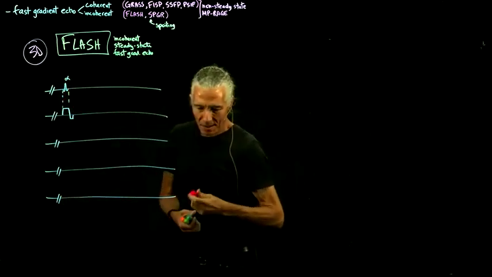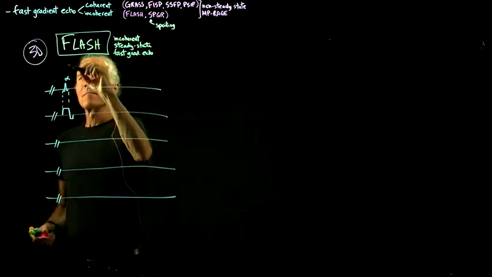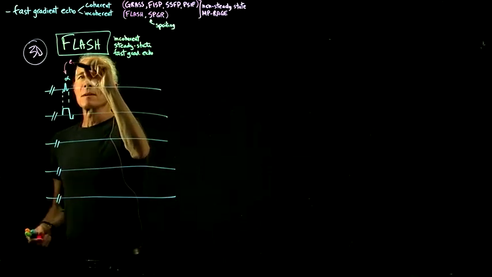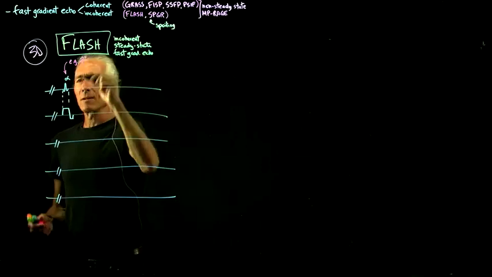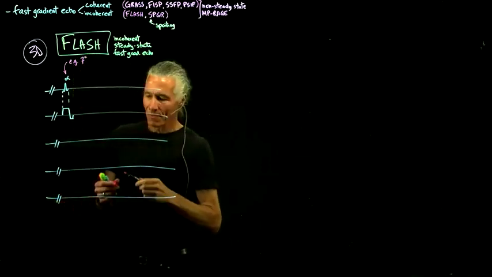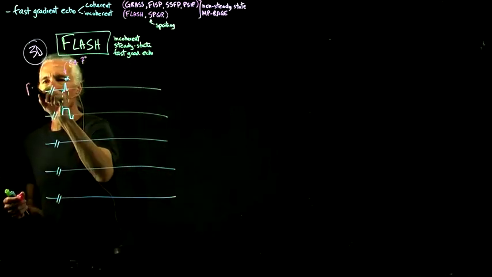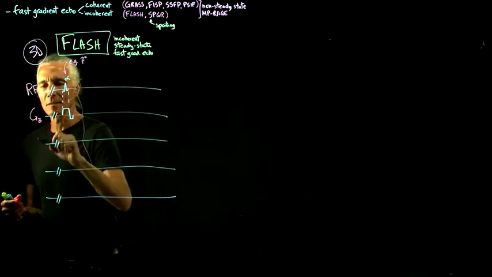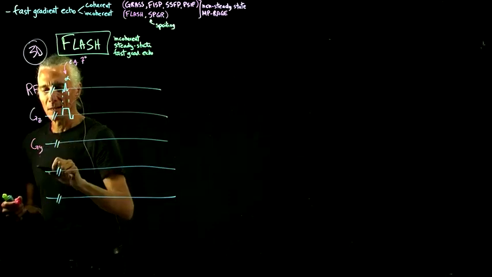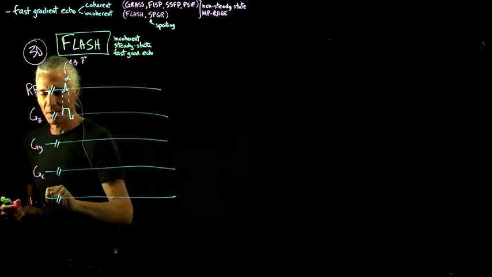And this guy might be a relatively low angle, and the reason for that. So this is RF in, and here's the Z, Y and X gradient and RF out.